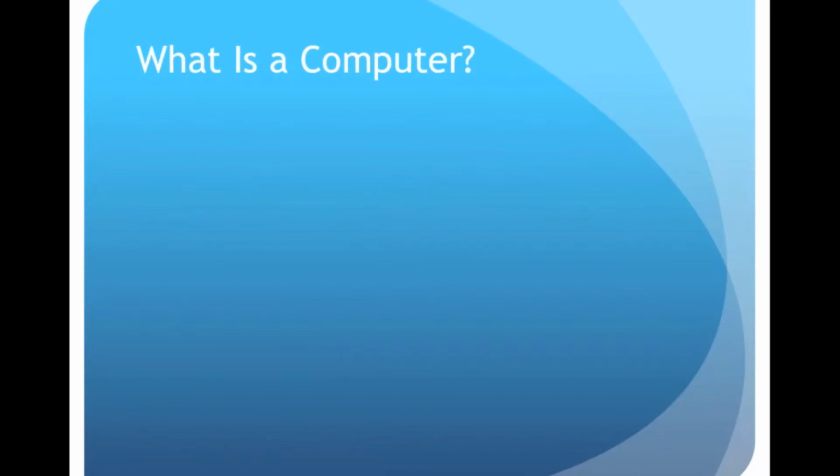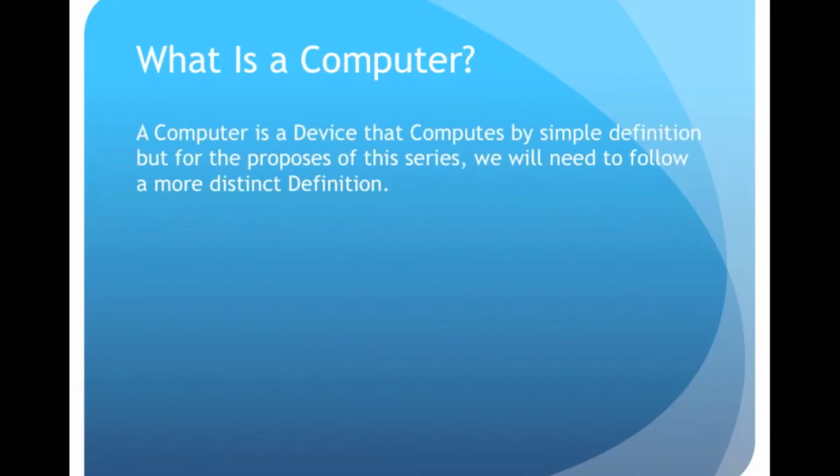So what on earth is a computer? A computer is a device that computes by simple definition, but unfortunately this isn't really the definition that you would think of. For instance, the thing that you're watching this on is more than just something that can compute.